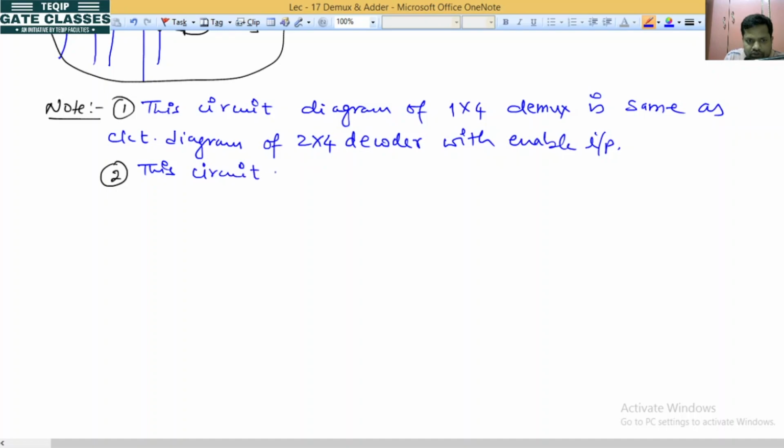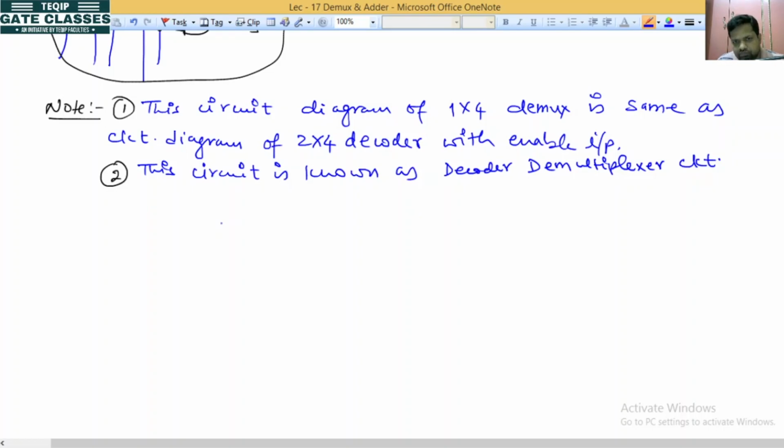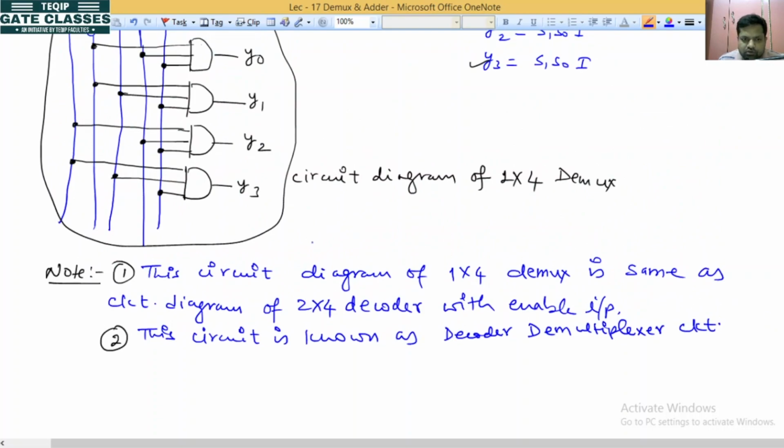This circuit is known as decoder demultiplexer circuit. ओके ना? इसकी वजह से एक और नाम है जो भी हम, we have made this circuit. तो इस सर्किट को हम और क्या बोलते हैं?